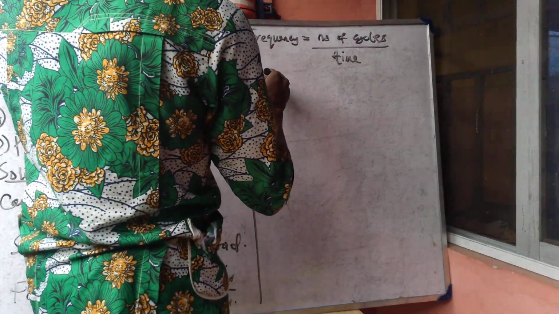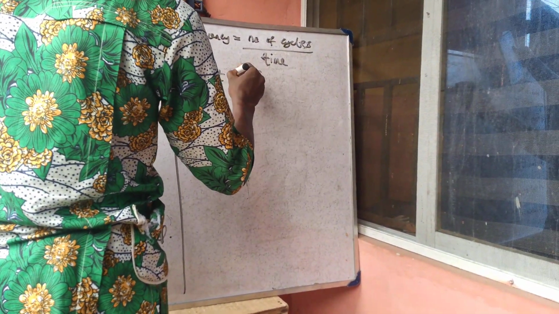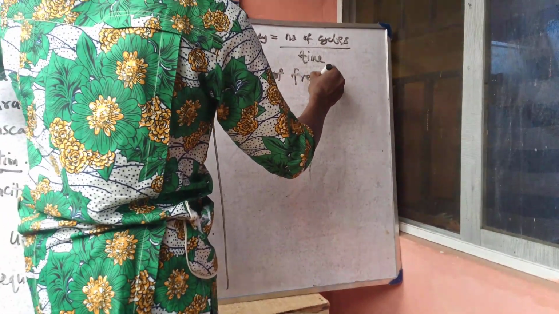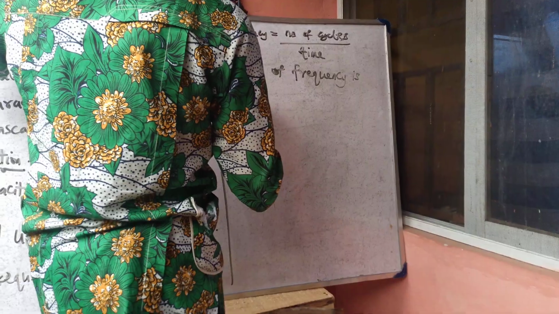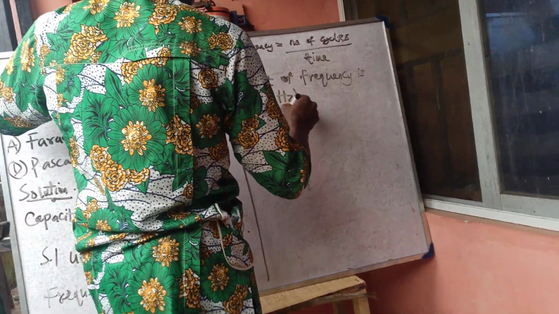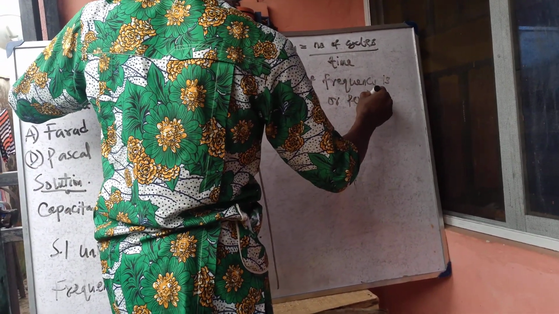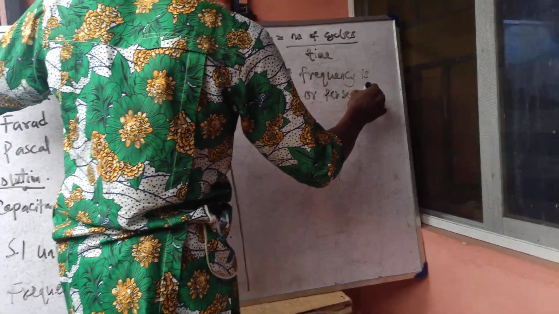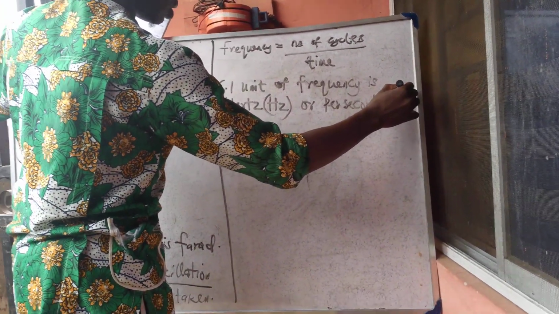Now the SI unit of frequency is hertz, or per second. That is s raised to power minus 1.